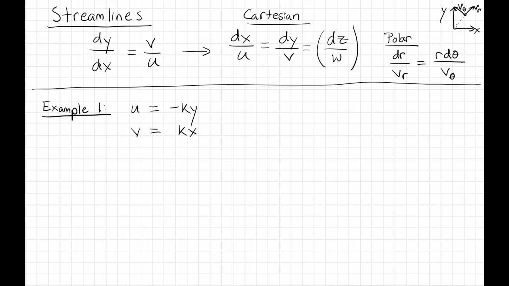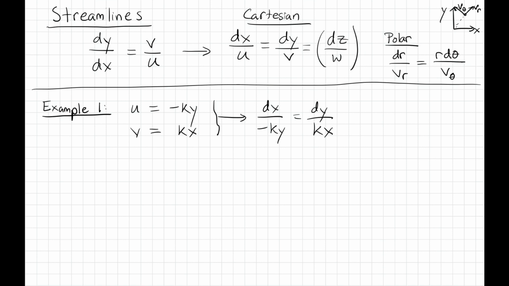So then all we really need to do to figure out what the streamline is, is follow our prescription here. So we'll just plug in dx over u, so u is minus ky, equals dy divided by kx, where that's the vertical velocity component.